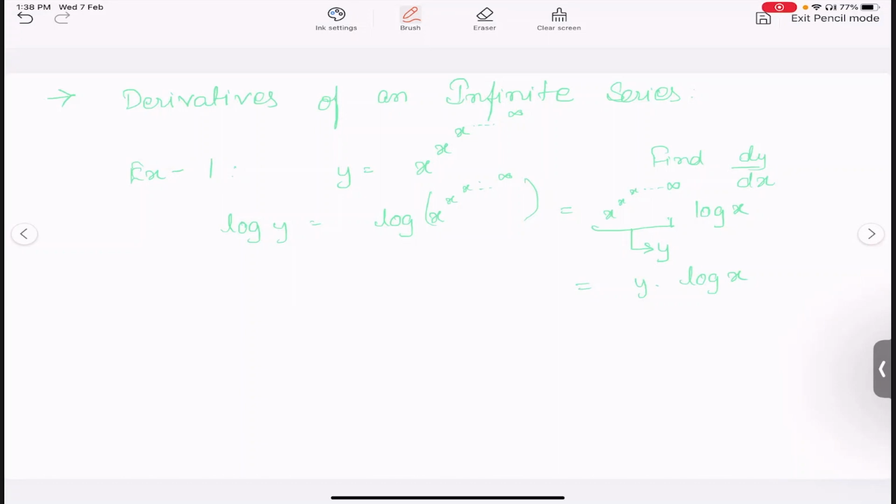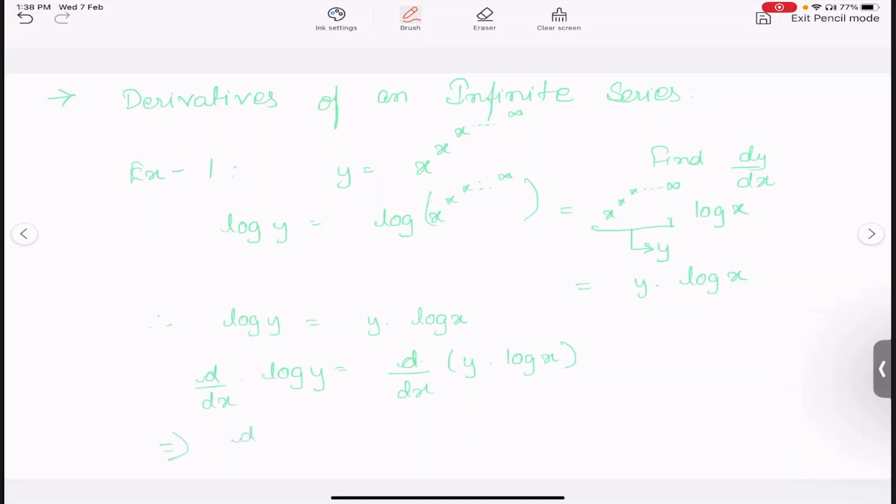Now this whole equation becomes log of y is equal to y times log of x. So this is what we have. Now we have to find dy by dx. So d by dx of log of y will be equal to d by dx of y times log of x.